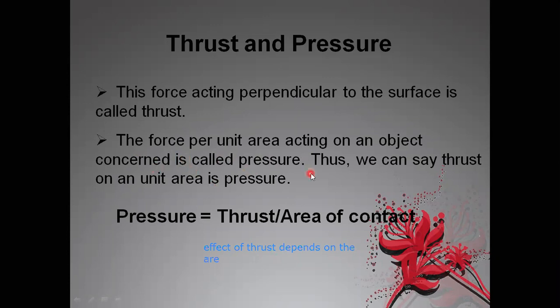So we can say thrust on a unit area is pressure, because the effect of the thrust depends on the area. So pressure equals thrust divided by area of contact.